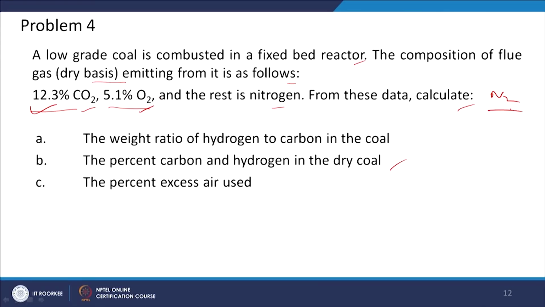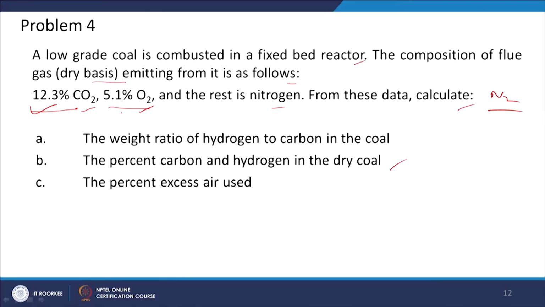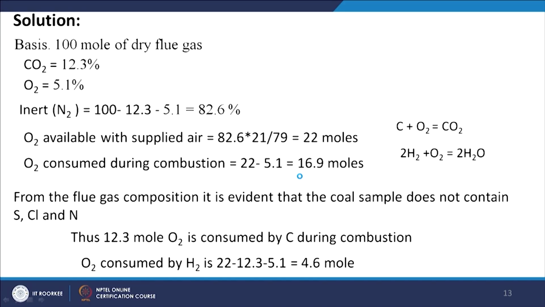This is a simplification, other impurities are not considered. On the basis of this information we have to calculate the hydrogen to carbon ratio in the original feedstock and what percentage of excess air was used. Now, let us solve it.